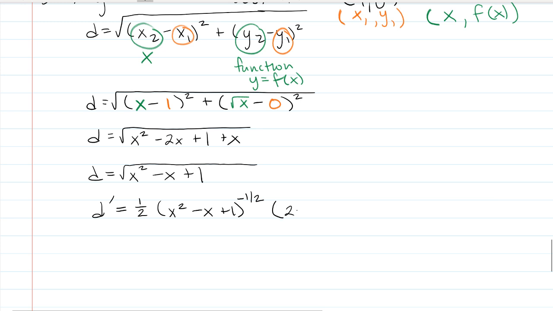So it's 2x minus 1 is the derivative of those guts. And if we clean it up, we'll have 2x minus 1 over 2, and then the square root of x squared minus x plus 1.